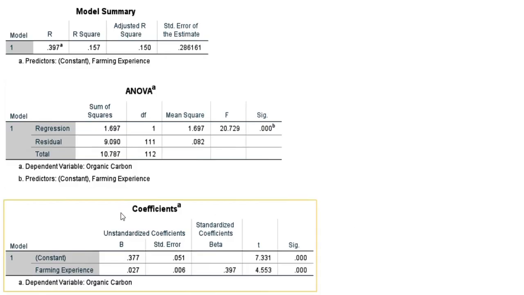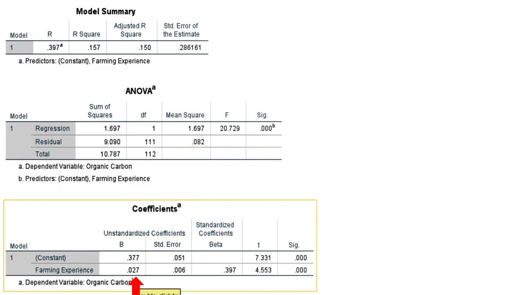Now the coefficient table. Here the constant, we also call it the intercept. The intercept is 0.377, which indicates that the field predicts an organic carbon value of 0.377 without adoption of organic farming. Slope, or you can say beta value.